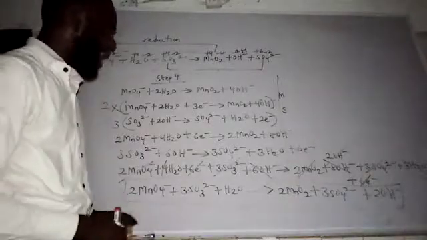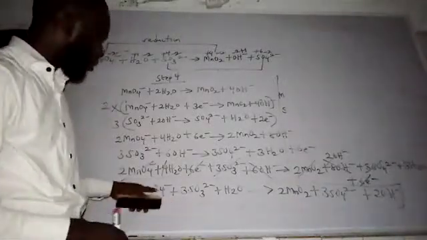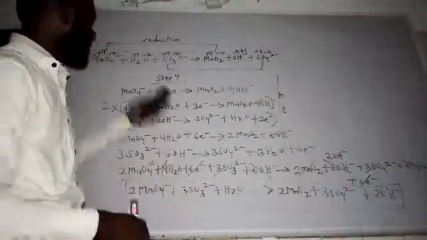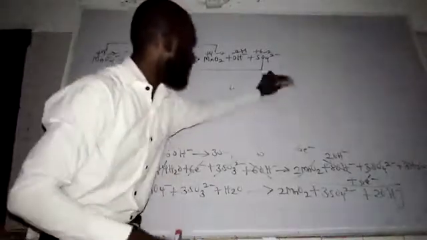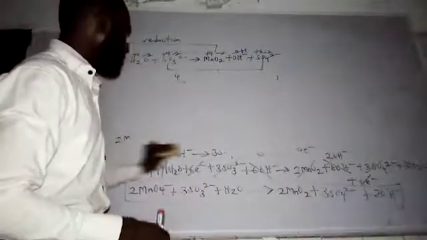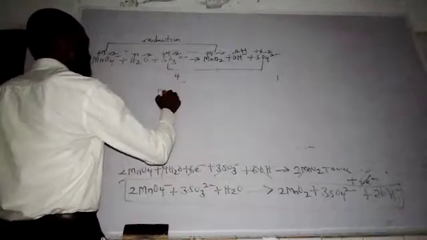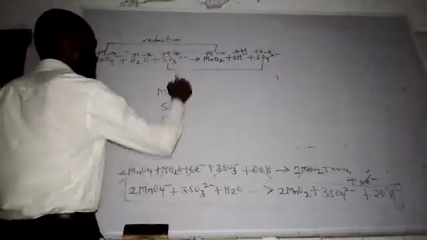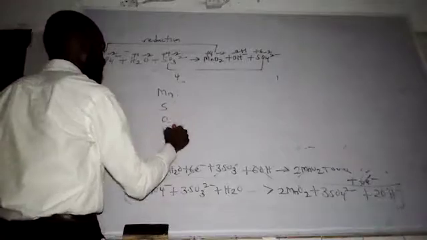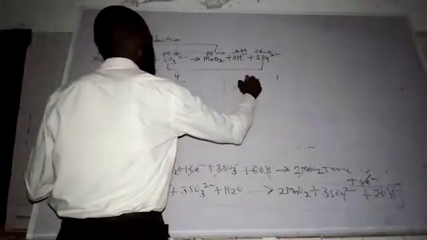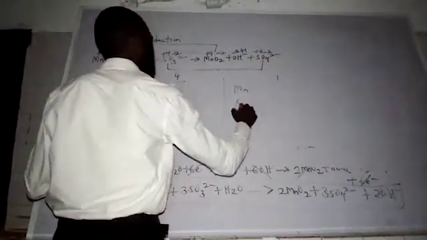Now, I have to do another check to be sure that what I've done is correct. So let me check. I'm going to check the atoms and the charges. On the left hand side, I have manganese, oxygen, and sulfur with hydrogen. That's for the number of atoms. Then on the right hand side, I have manganese, sulfur, oxygen, and hydrogen.